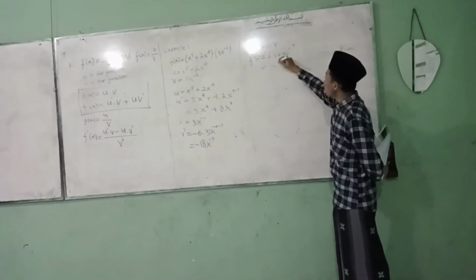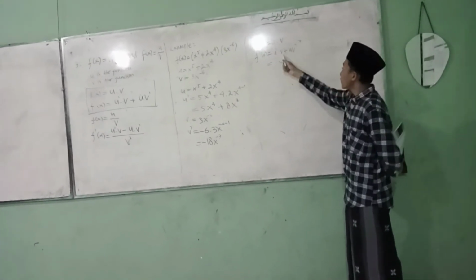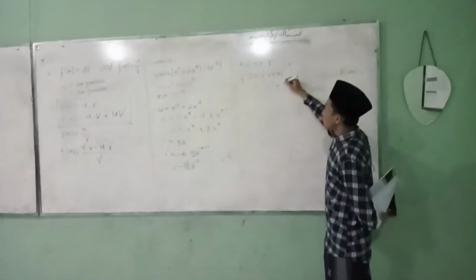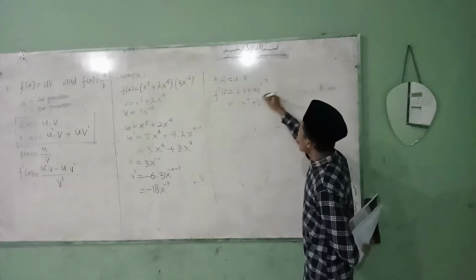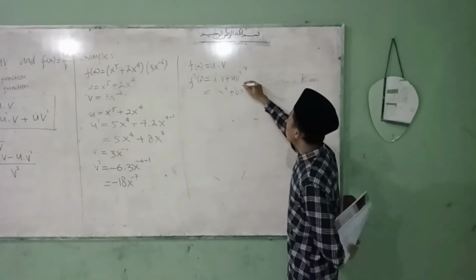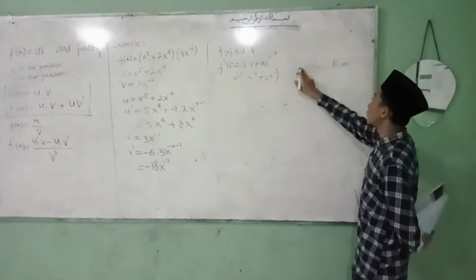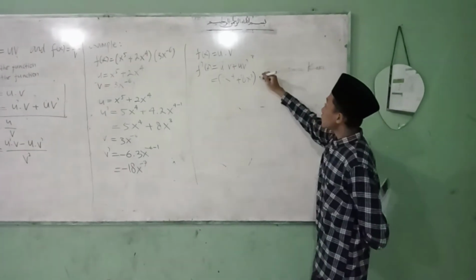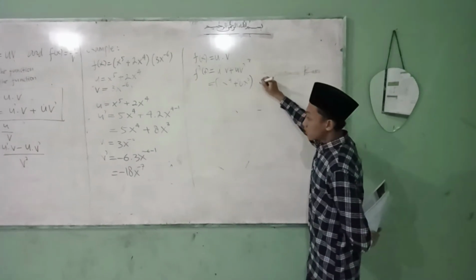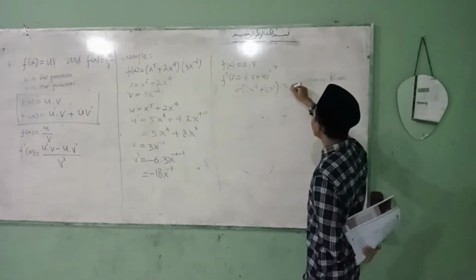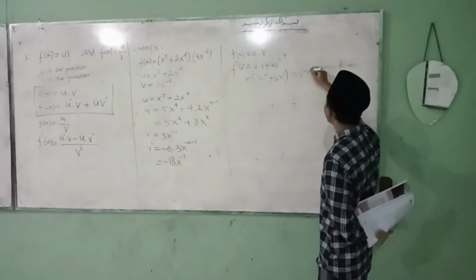5x to the power of 4 times p, plus 8x to the power of 3. And then we have p is equal to 3x to the power of negative 6.